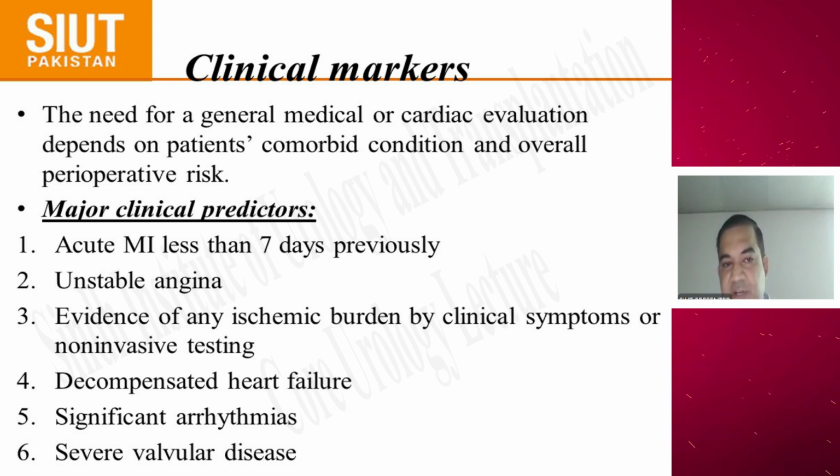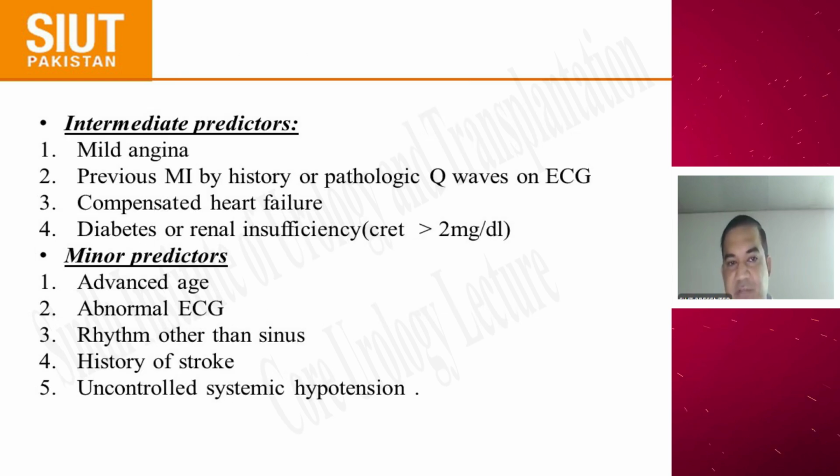In major clinical predictors: acute MI less than 7 days previously, unstable angina, diagnosis of any ischemic burden by clinical symptoms or non-invasive testing, decompensated heart failure, significant arrhythmias, and severe valvular disease. While in intermediate predictors: mild angina, previous MI history or pathological Q waves on ECG, compensated heart failure, diabetes, or renal insufficiency, creatinine greater than 2 milligrams per deciliter.